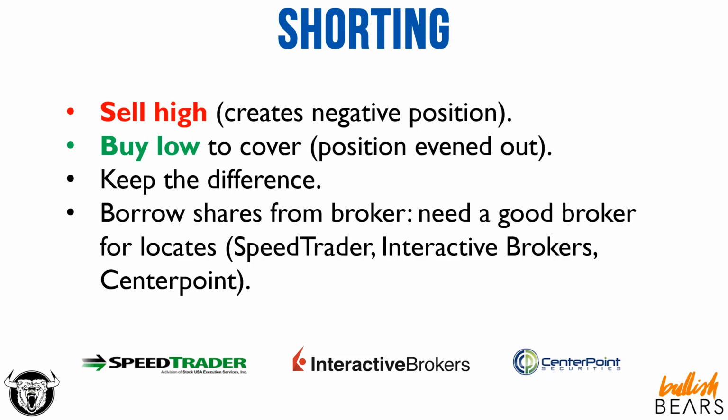Instead of showing positive 1,000 shares, it shows negative 1,000 shares. So you're selling high near resistance levels, and as price falls, you're covering or buying that position back. You even out your position and you keep the difference. Let's say you sold a stock at $2 and it falls to $1.50. You made 50 cents on the position.